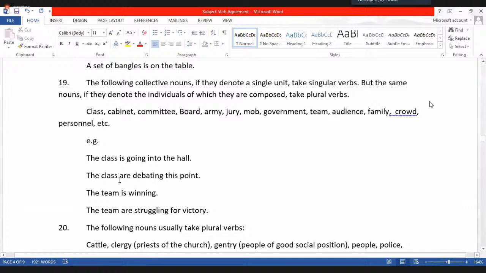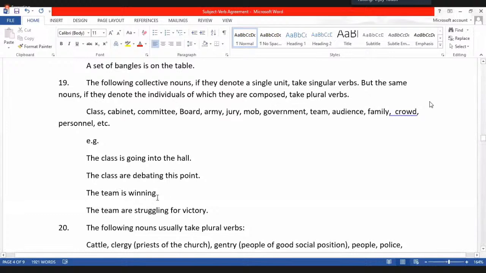But here, the class are debating this point. The very verb debate indicates that all the students are individually involved in that debate. So that's why the class are debating this point. Another is: the team is winning.